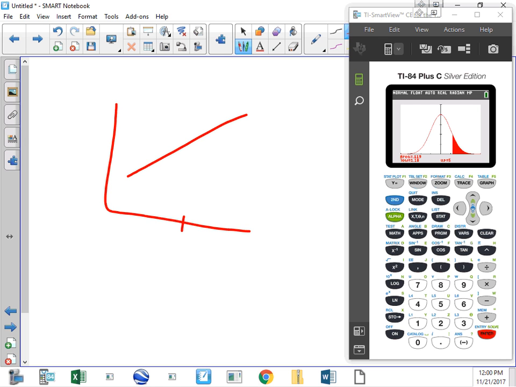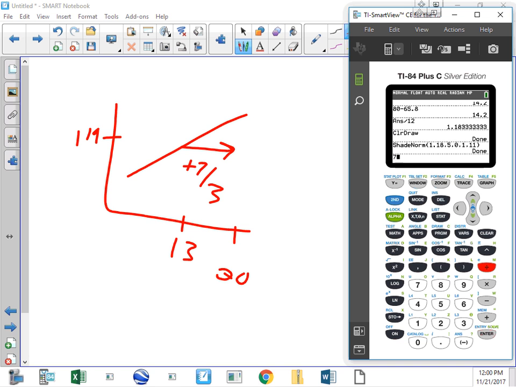So we have X bar at 13, Y bar at 119, and we're going to go up to 20, which is plus 7. Divide that by 3. 7 divided by 3 is 2.3 SDs.